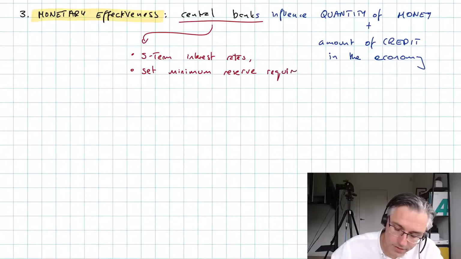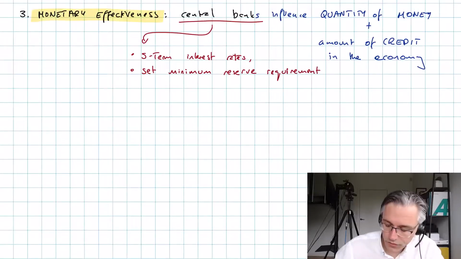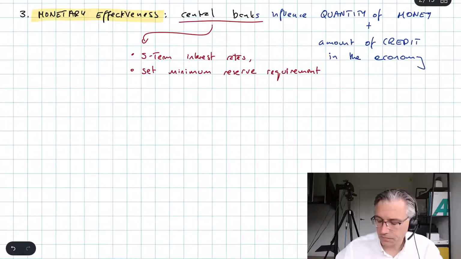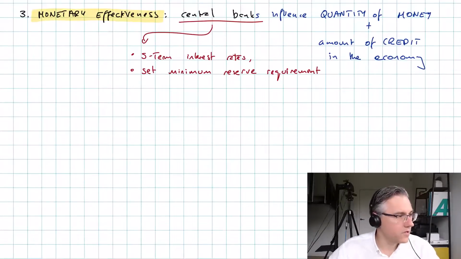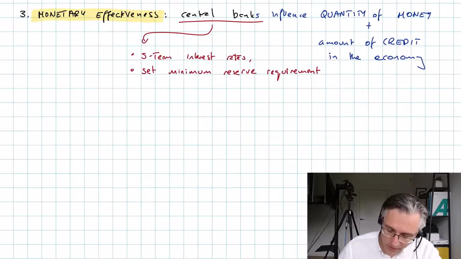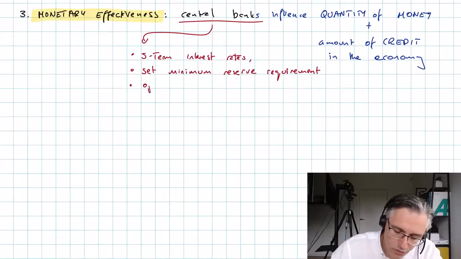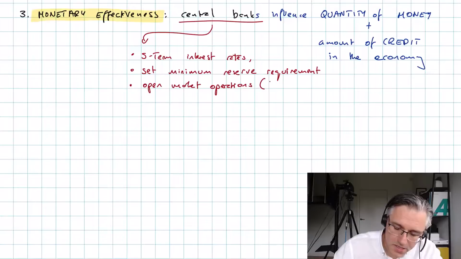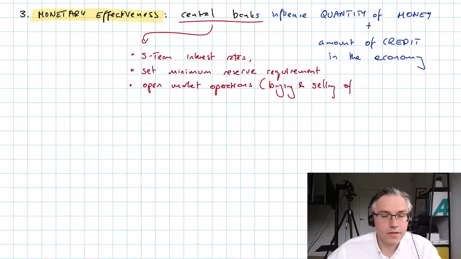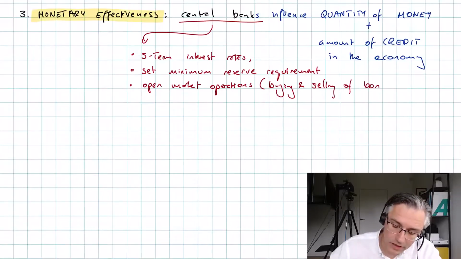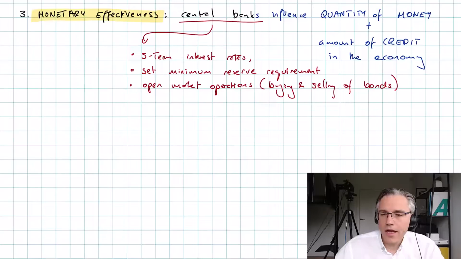We've talked about these when discussing short-term debt issuance by financial institutions, as well as repo transactions. And they also conduct open market operations, which is the buying and selling of debt securities, of bonds in the market.